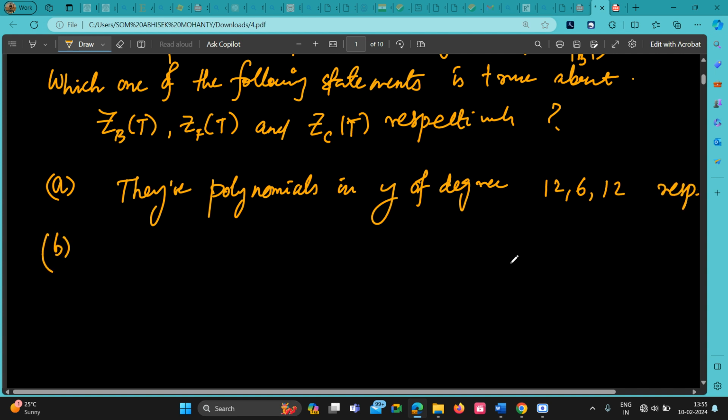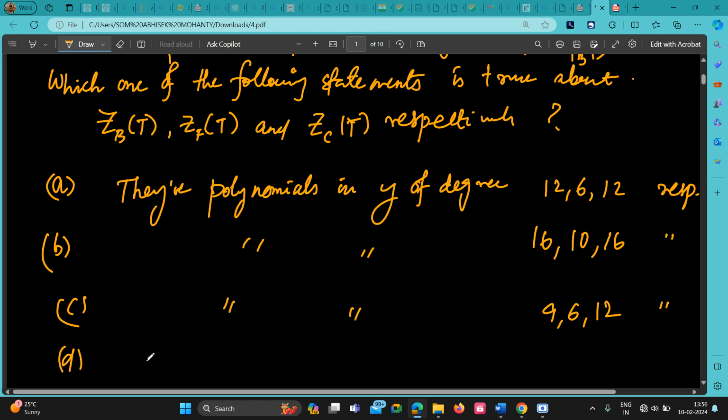Again, they are polynomials of y in degree 16, 10, 16, respectively. They are polynomials in y of degree 9, 6, 12, respectively. And they are polynomials of y of degree 12, 10, 16, respectively. Is that alright?